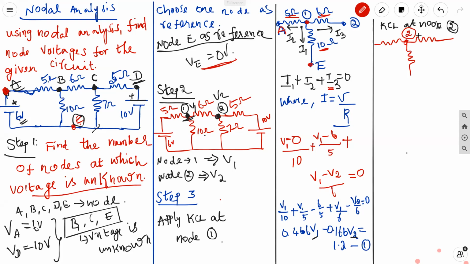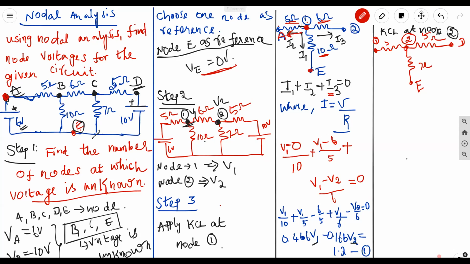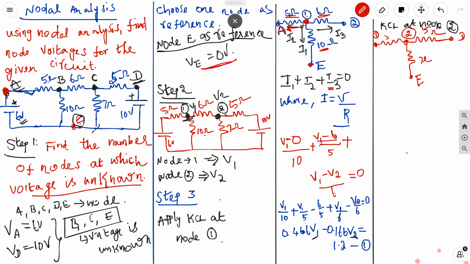Sir, in the equation, is it V1 minus 6 or 6 minus V1? Actually, what you asked, you should keep V1 minus 6 only, because here the current direction you consider is outwards.